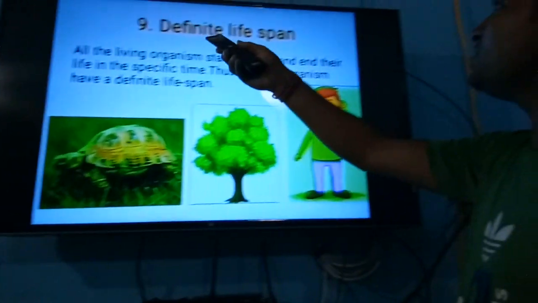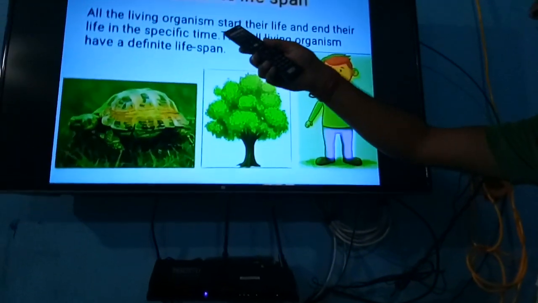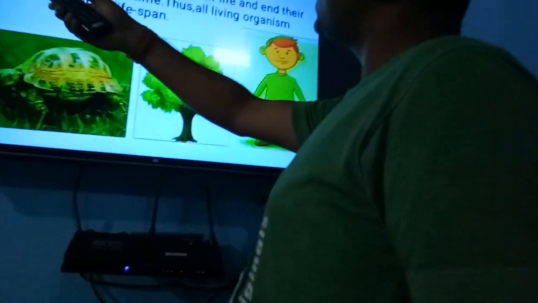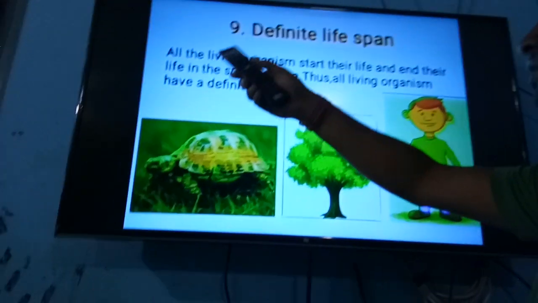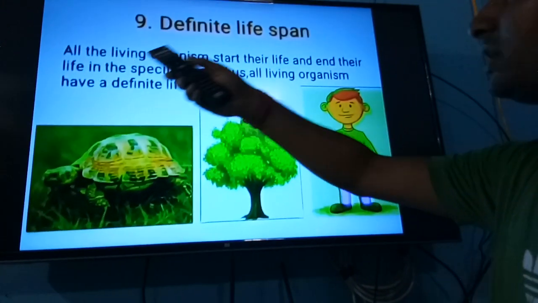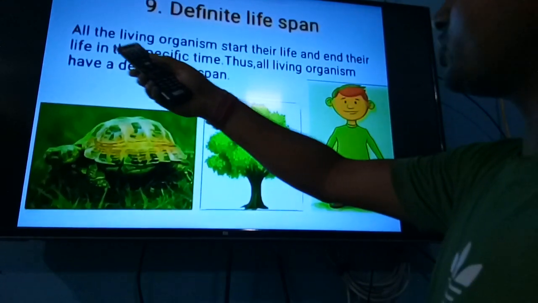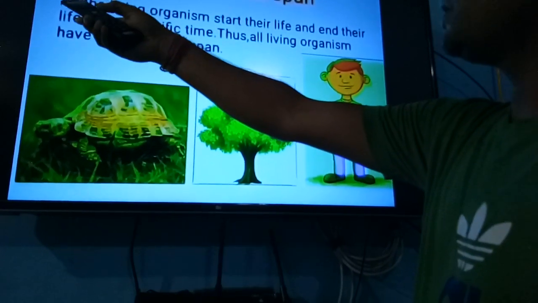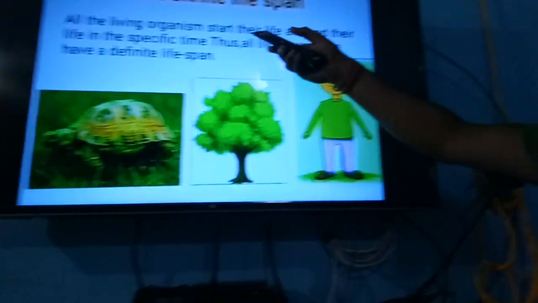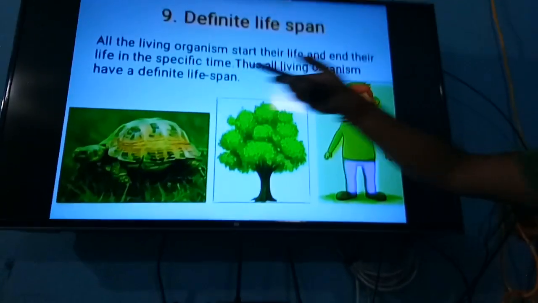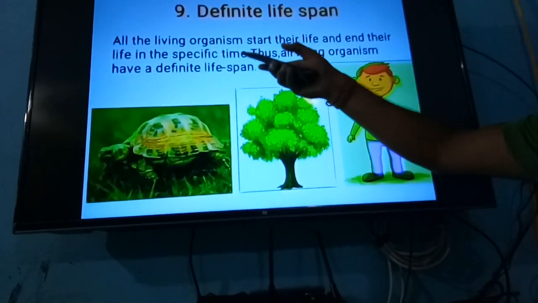Next, number 9, definite lifespan. All living beings have a fixed time to survive. In this way, all living organisms start their life and end their life in a specific time.